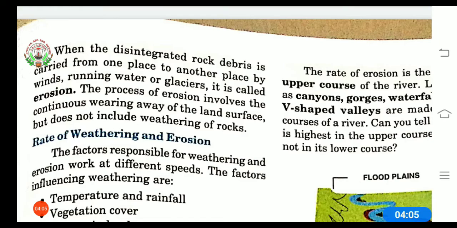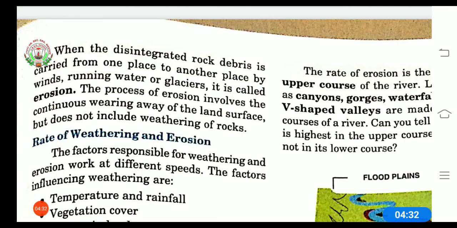Debris means the remains of anything broken down. So the rock debris will be carried from one place to another, and there are three modes of that transportation. First is winds, second is running water, third is glacier, and all these modes are called erosion.